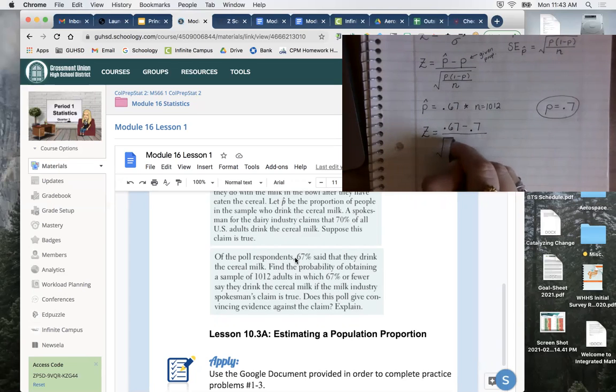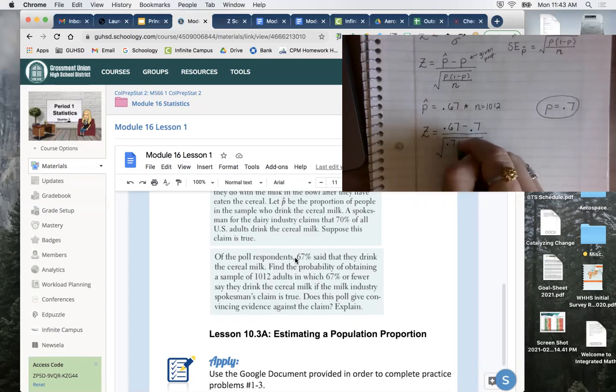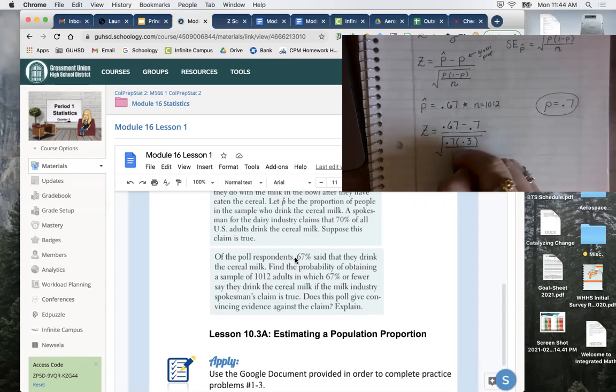So it's really just about, can you plug it into the formula here? So we use our p value, so 70% times 1 minus p, that's the probability that they don't drink their cereal milk. So that's the 30%. 1 minus 70% is 30%. And then divide by the 1,012 people that were in our study.